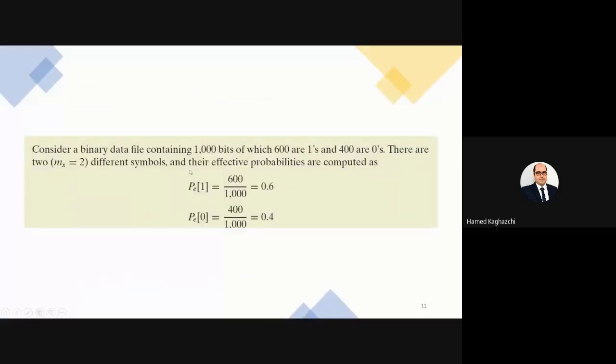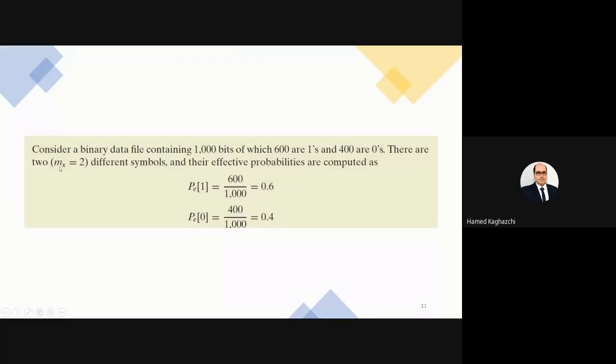Consider we have a binary data file containing 1000 bits. 600 of them are 1 and 400 are 0.